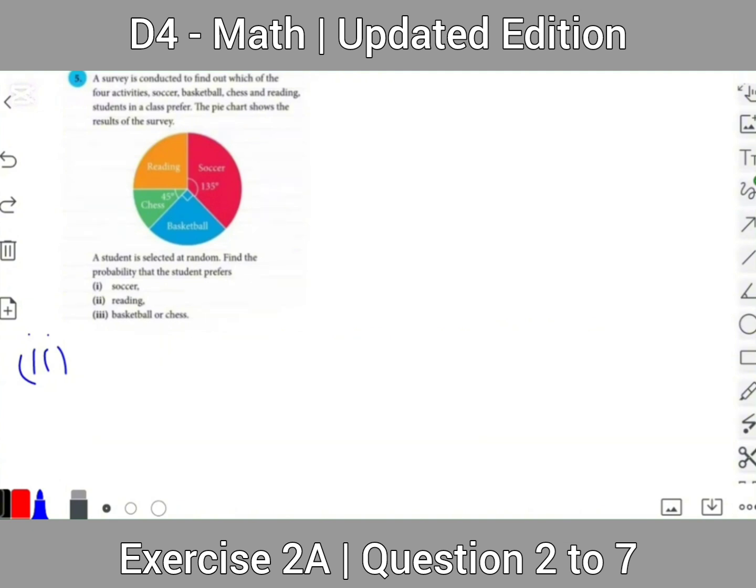Now for part 2, let R be the event that the student prefers reading.